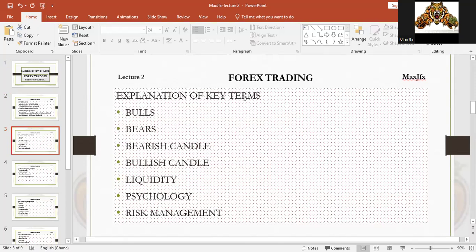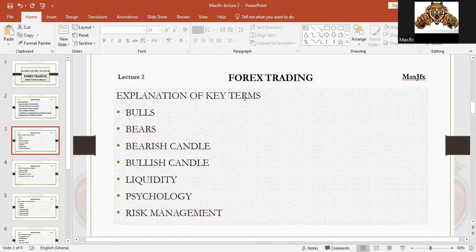The first key term here is bulls. If you have heard of bulls in forex trading, this means people who buy. The bulls represent the buyers in the forex market, those who speculate that the price of an asset or a currency would rise.